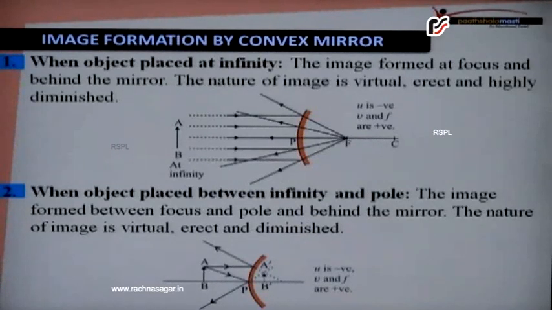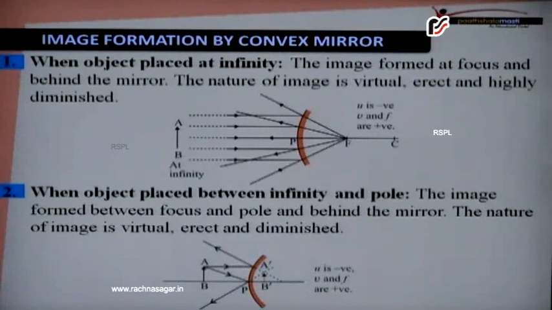Thus, the nature of the image is virtual, erect and highly diminished, or we can say that the image is point in size. Next case, when the object is placed between infinity and pole.